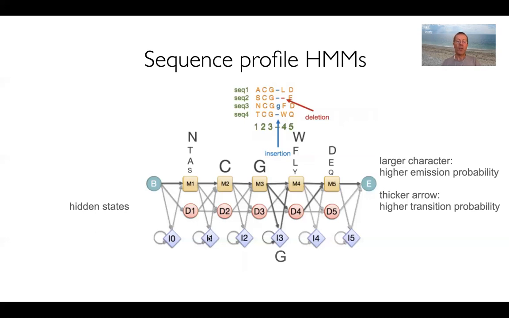So you can represent insertions of different lengths. And of course, you can also delete multiple residues by going through a delete state and to another delete state, and then back to the main match states. So that's the overall architecture that allows you to represent matches, deletions, and insertions in the form of this hidden Markov model.